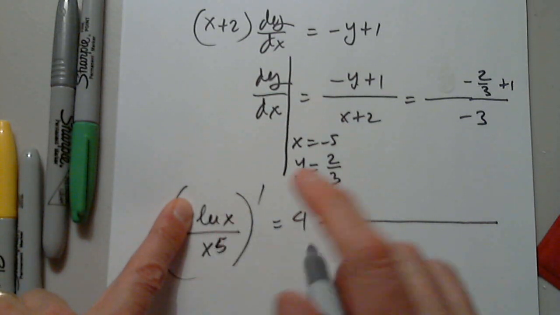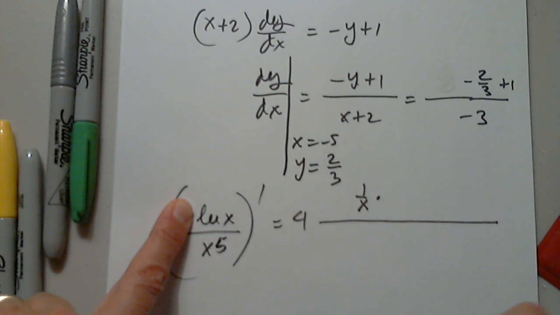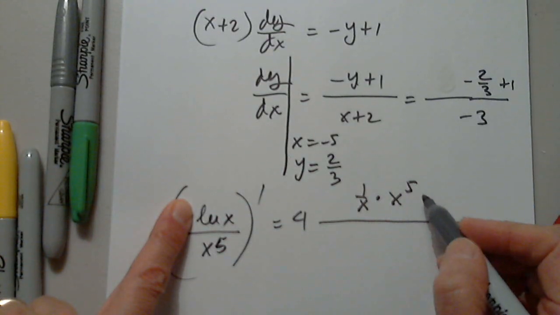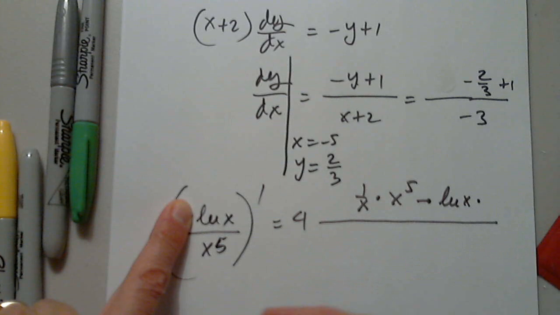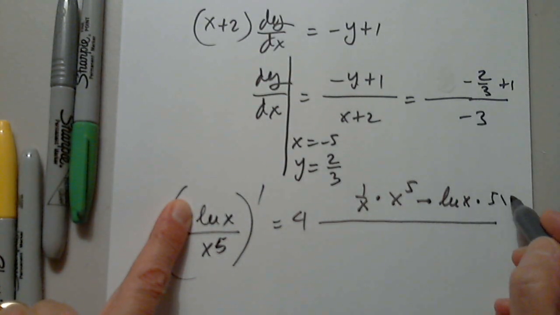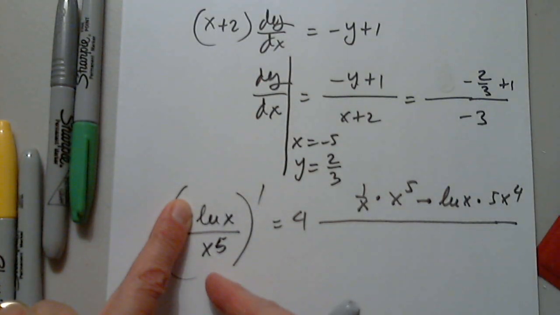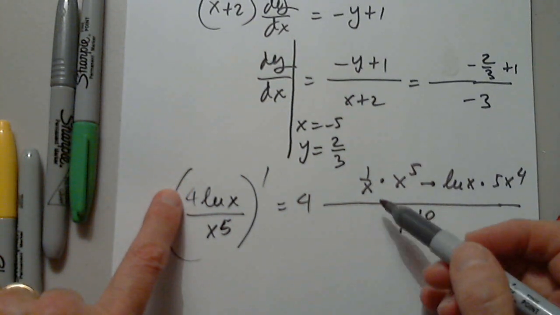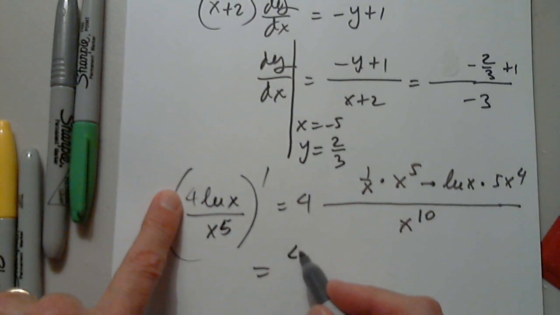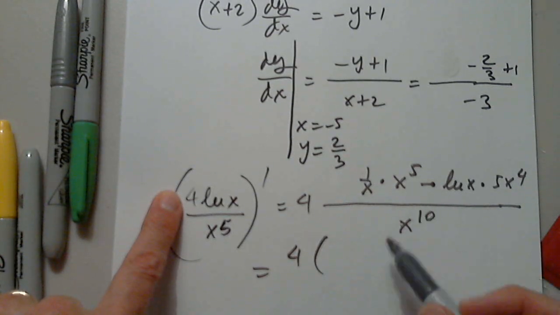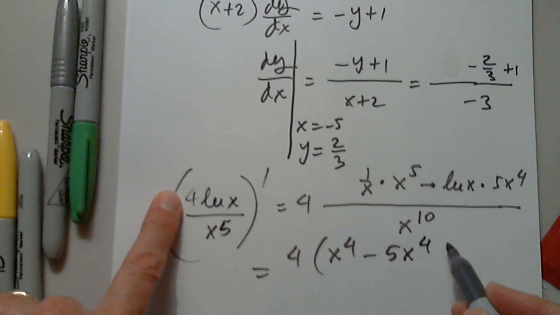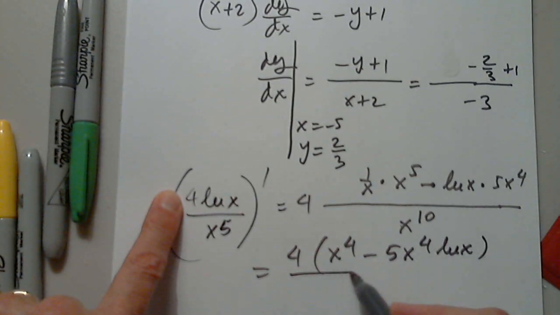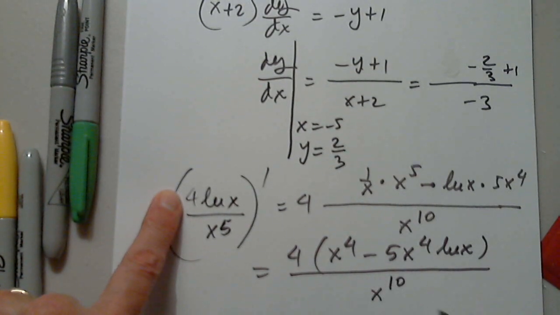I differentiate natural log and I get 1 over x times the denominator minus the numerator times the denominator prime over the denominator squared. I'll simplify here. 4 stays outside and I have x to the 4th minus 5x to the 4th natural log x over x to the 10th.